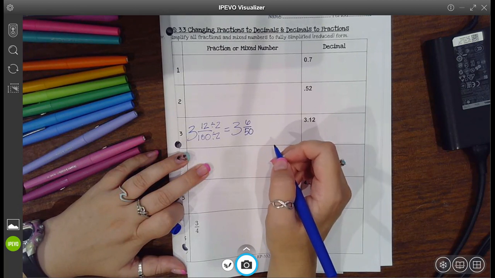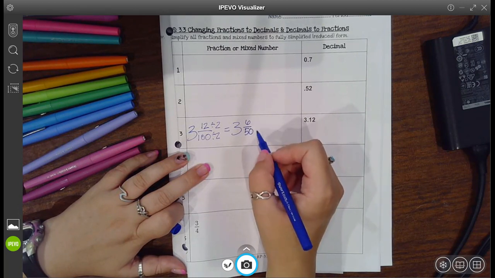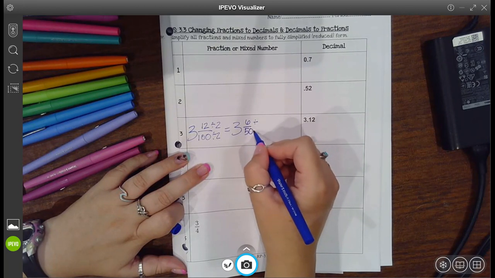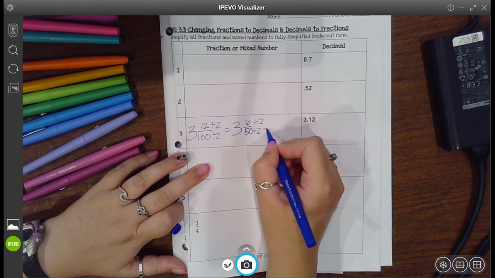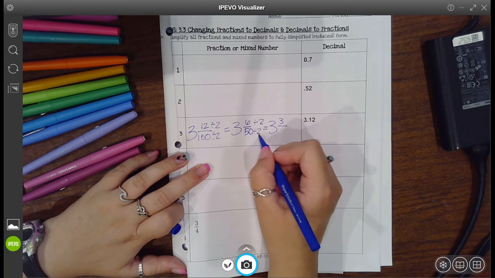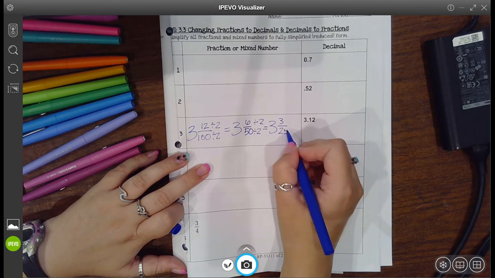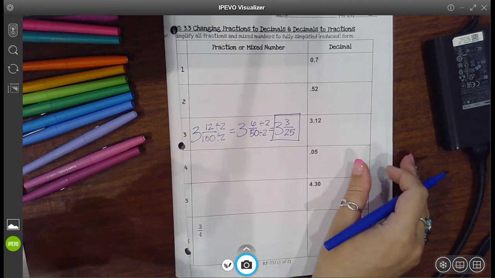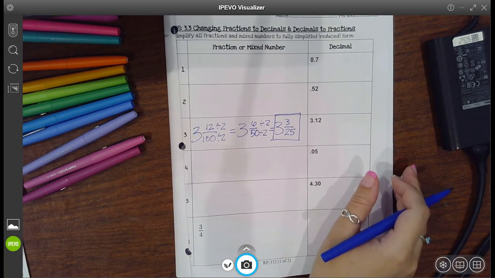No, because these are both even, so I can divide it again. And 6 divided by 2 is 3, and 50 divided by 2 is 25. Okay, so now I have 3 and 3/25 as my final answer.